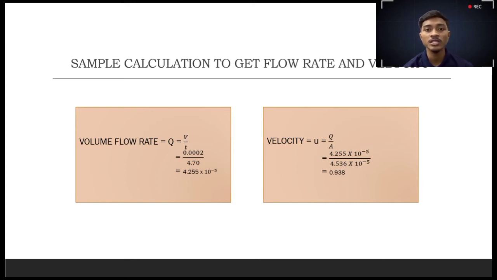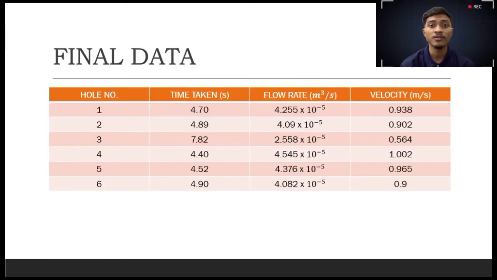And for velocity, the equation is U equal to Q divided by A. So 4.255 times 10 power of -5 divided by 4.536 times 10 power of -5, and we get 0.938. And this is the final data for experiment 3 from hole number 1 until hole number 6.